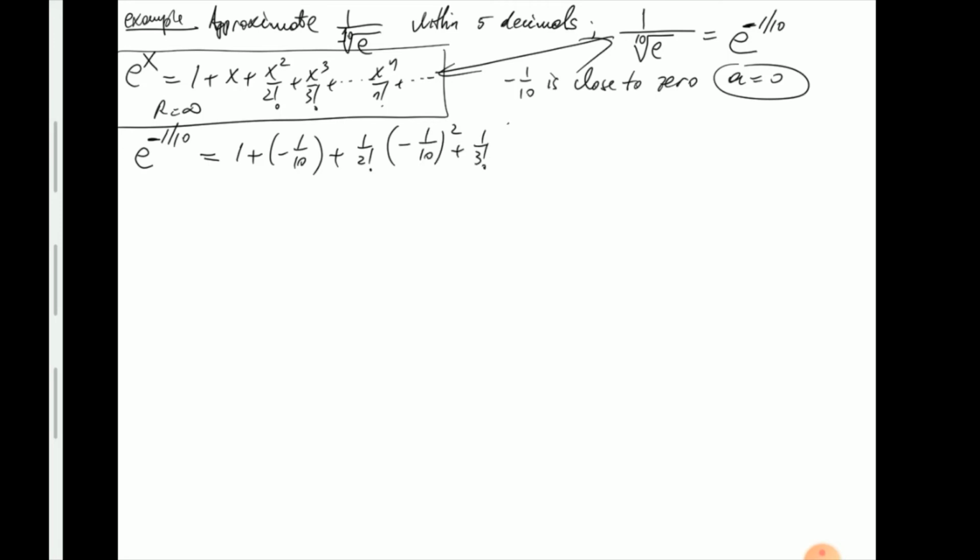So basically, you replace x with minus 1/10 in one of the Taylor polynomials. Now, what Taylor polynomial do you need? Well, it depends on how good an approximation you want. In this particular case, this is going to be minus 1/10 to the power 3.